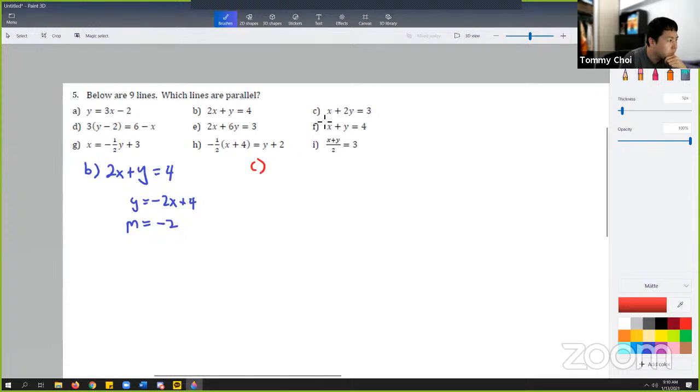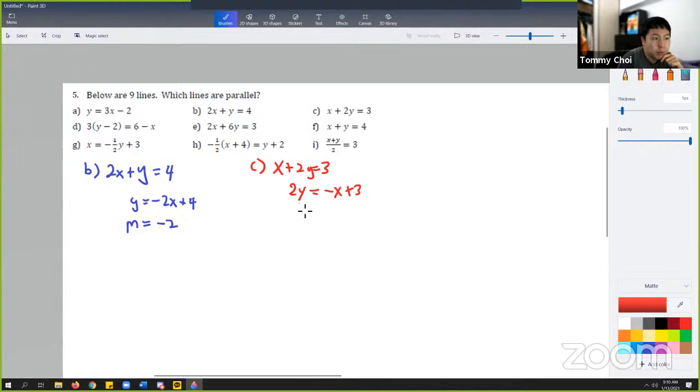So for C, we have x plus 2y is equal to 3. Once you have x plus 2y is equal to 3, we can move the x to the other side. So we're going to get 2y is equal to negative x plus 3.